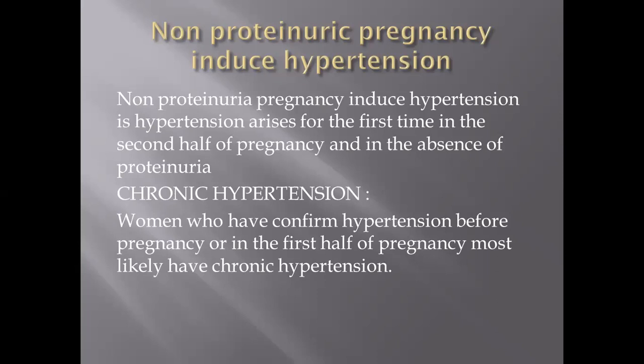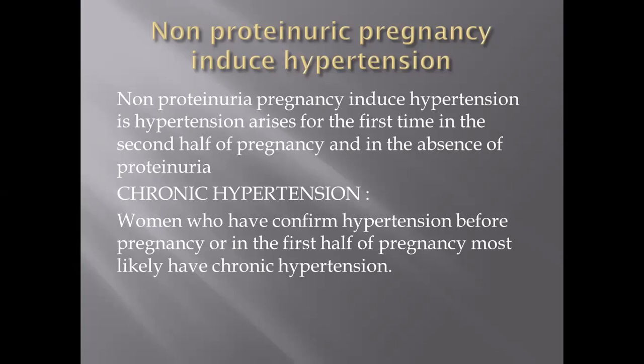It doesn't mean only at 21 or 22 weeks; a patient can present at 22 weeks, at 28 weeks, at 30 weeks with high blood pressure, but previously she had normal blood pressure. So this is called pregnancy-induced hypertension or gestational hypertension.